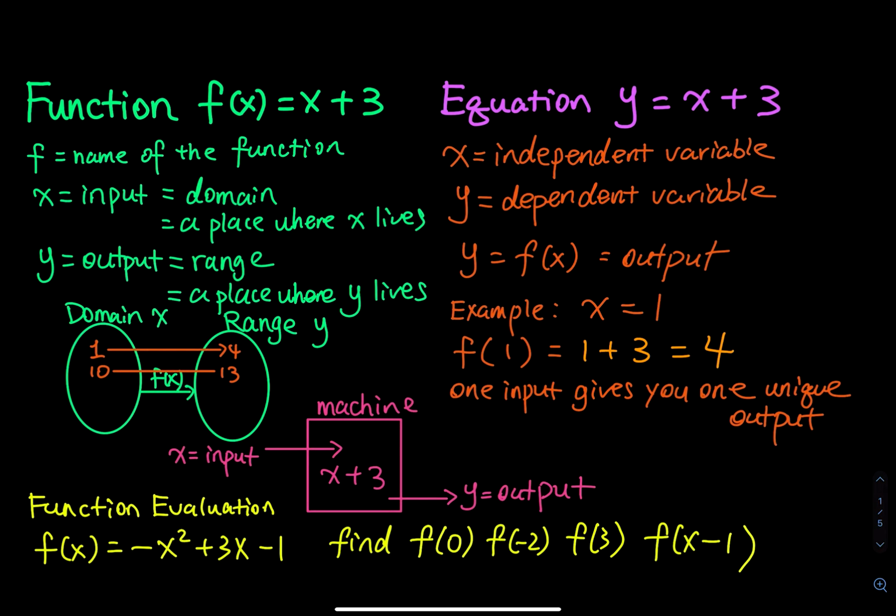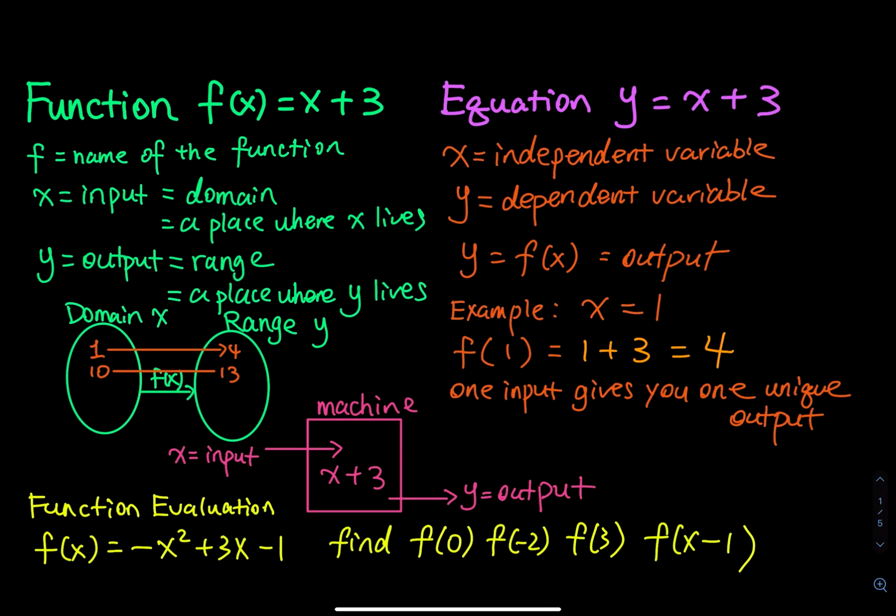Another way to picture the function is to imagine that the function is a machine. Inside the machine you have x plus 3, like some parts in a machine. Whenever you input something into the machine, you get one output. Just like a vending machine. You put money in the machine, you press a key, you get your drink.